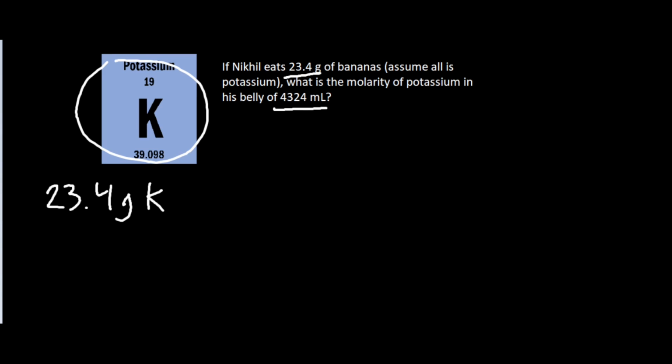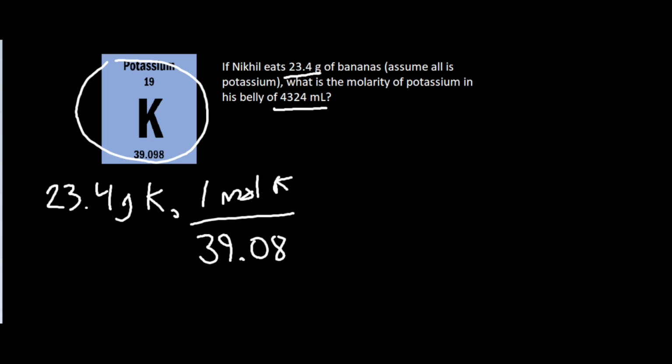You'll be given the periodic table for everything you're doing in chem, unless Miss Hart decides to be a masochist that year. But basically, you're always going to be given a periodic table. Anyway, 23.4 grams of potassium times 1 mole of potassium over 39.08.